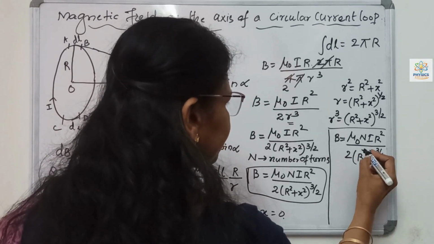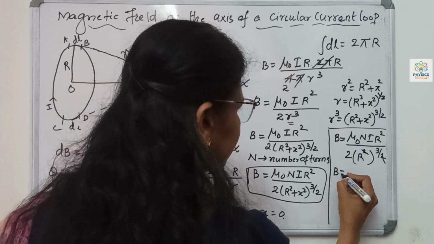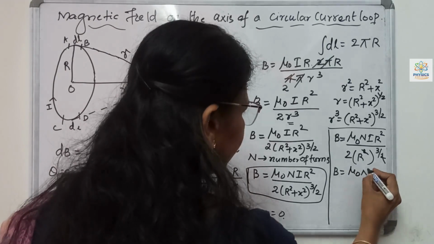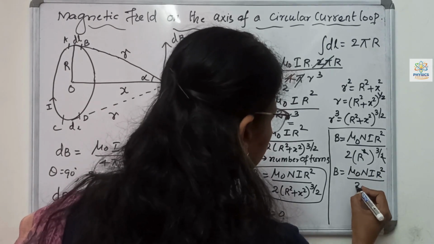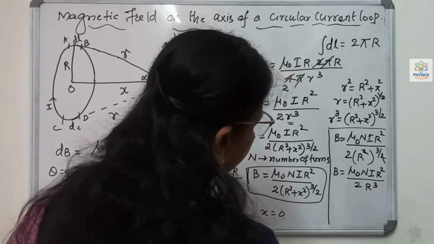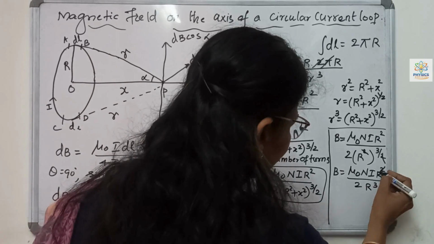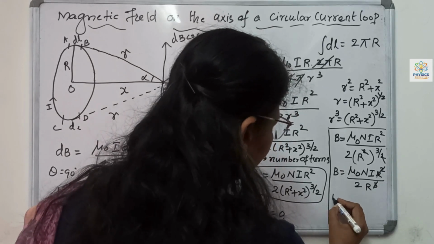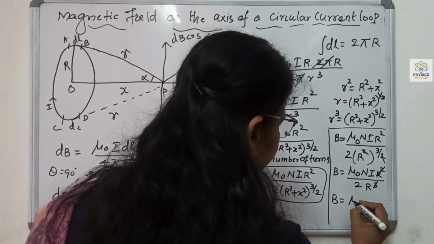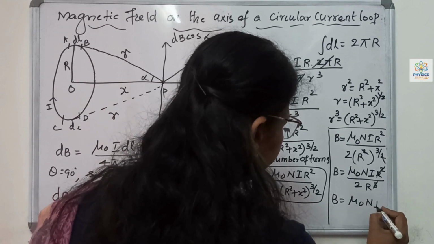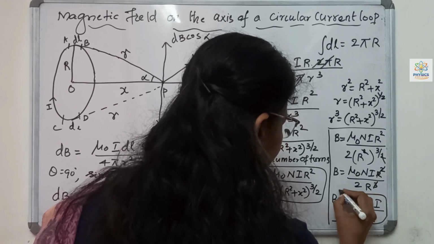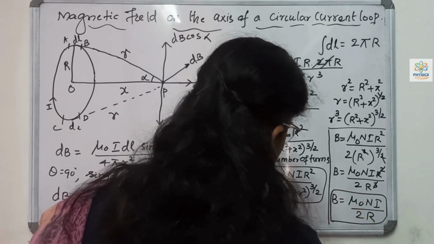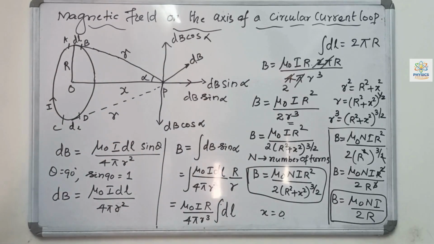This 2 and 2 cancel. We get B is equal to mu 0 n I R square the whole divided by 2 into R cube. Here R square and R cube cancel. We get B is equal to mu 0 n I by 2R. This is the magnetic field intensity at the center of the circular loop.